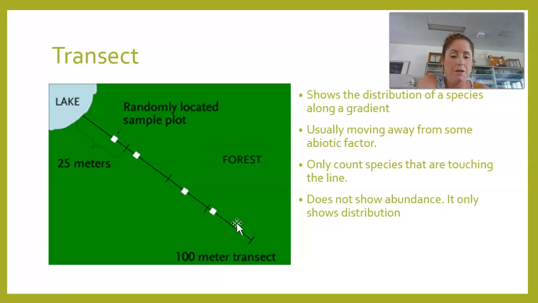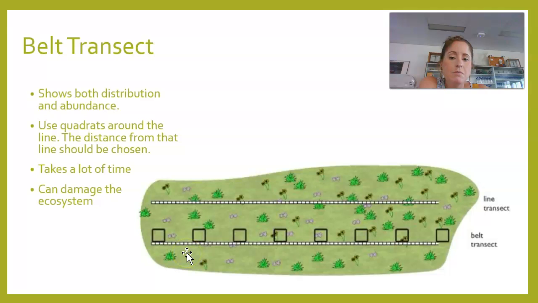That could be something that we would see, or maybe the species change as you move away. Again, we would not be able to look at the abundance. We'd just be looking at distribution. But you could do more than one trial, so you would have a good idea of the distribution after doing many trials of that.